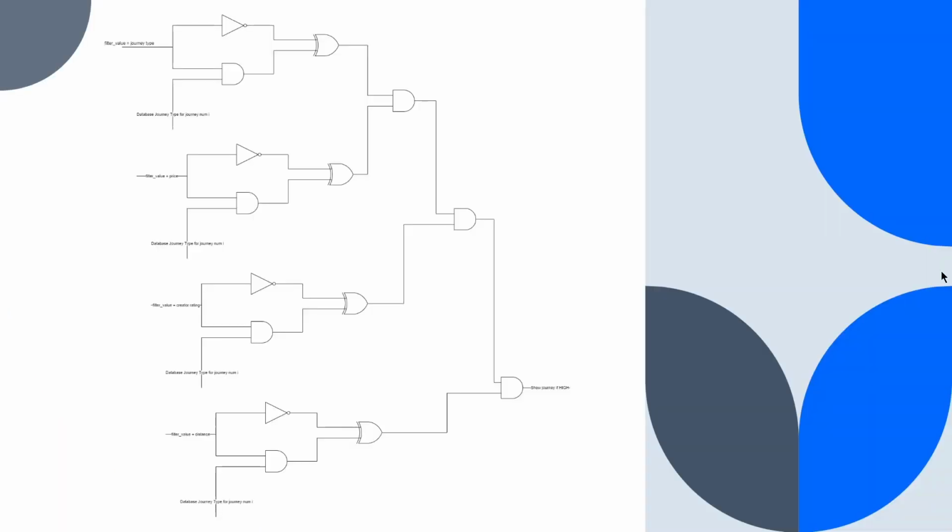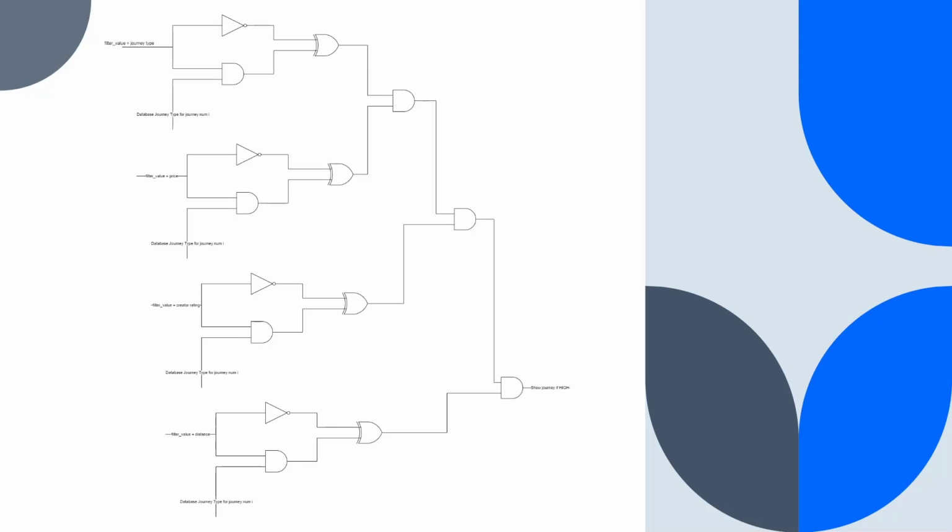The filter is based on an electronic filter system made up of basic logic gates. Each filter value gets passed through an AND gate with the relevant value from the database. If both values are the same, the gate output will be high. The output of the gate gets XORed with the inverse of the original signal from the filter value.